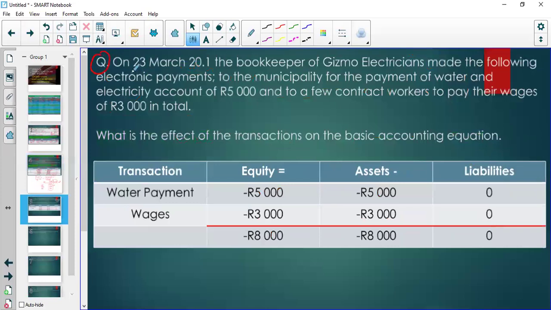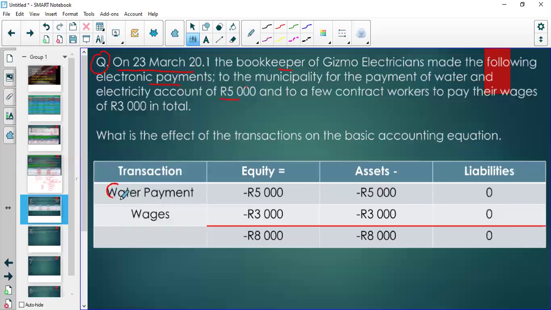Right, now let us go to this next question. On 23 March, what happened? We have a bookkeeper who made the following electronic payments. One, to the municipality, they paid for water and electricity, 5,000.